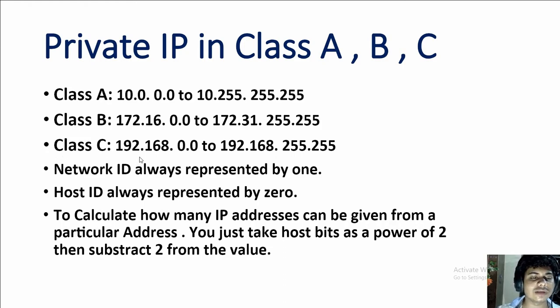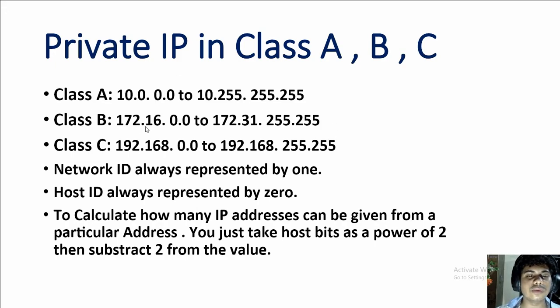And class C has 192.168, and it has only a single address. So only class B has various addresses, like 172.16 to 172.31, but class C is 192.168 to 192.168, and the host part is again maximum.